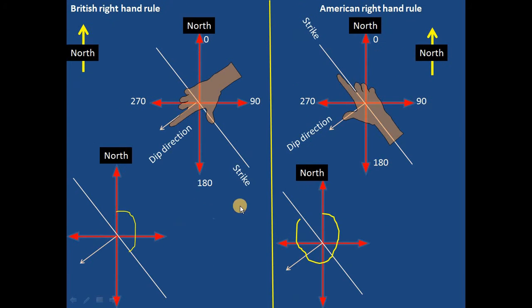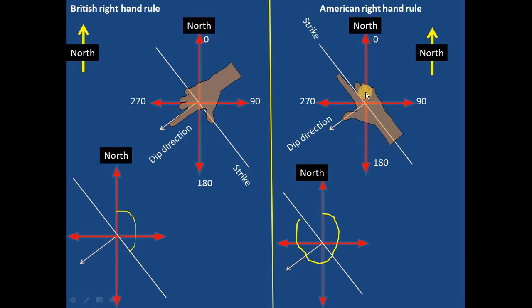In the British right-hand rule, you see, this is your north, and this is the dip direction, and this is the strike. And this is how I put my hand. You see the angle, you start measuring the angle from north, coming this way.